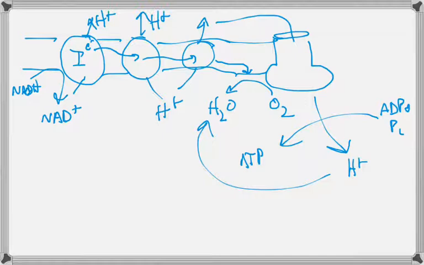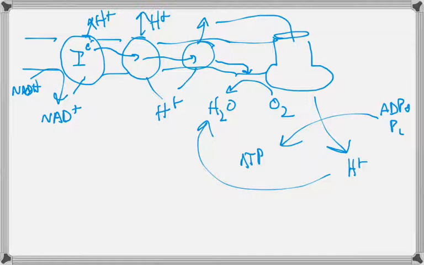One of the things that we haven't covered, and I just want to point this out, is that we often say the Krebs cycle and the electron transport chain, oxidative phosphorylation, are mechanistically linked. In other words, if the Krebs cycle shuts down, so does the electron transport chain, because the Krebs cycle is providing the NADH, and the FADH2 too, for the electron transport chain to function.